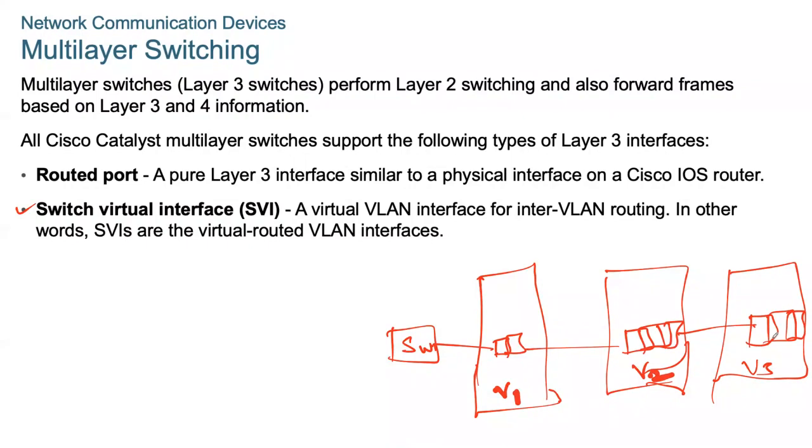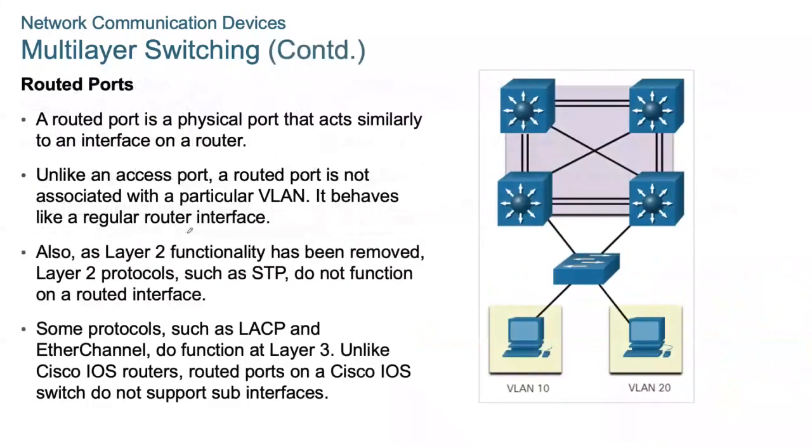They use these virtual LAN interfaces for inter-virtual LAN routing when these devices are trying to communicate with other devices. In the first one, the routed port is a physical port, and it acts similar to an interface on your routers. So these act as routers.